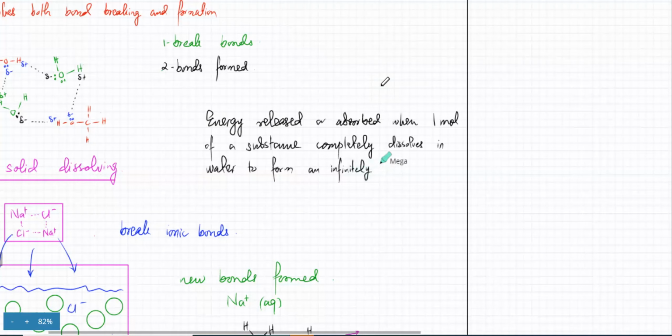That simply means a very dilute solution. So you're adding a lot of excess solvent or excess water to form a very dilute solution. So energy released or absorbed when 1 mole of a substance completely dissolves in water to form an infinitely dilute solution, and it's going to be measured under standard conditions.